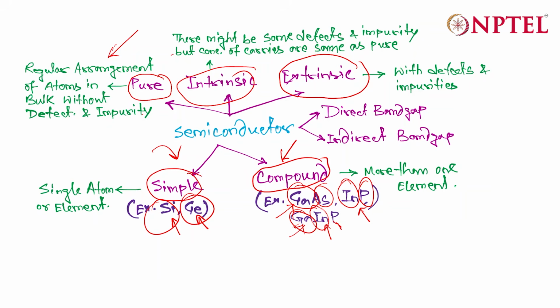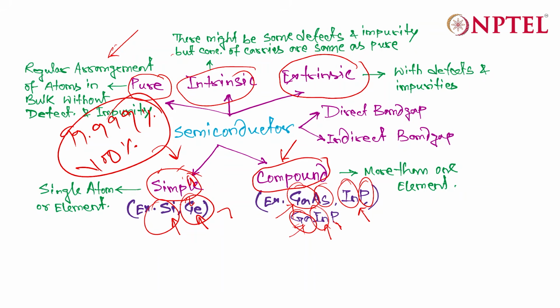So the highest purity you may get, say 99.999, something like that. But complete 100% you may not get because there will be a few defects in the material, right? So we came to the concept of intrinsic. What is an intrinsic semiconductor?